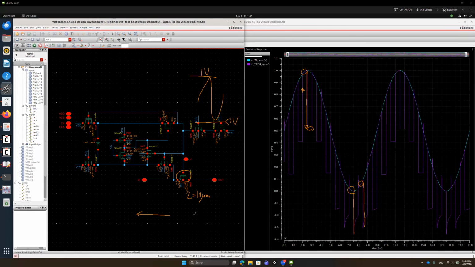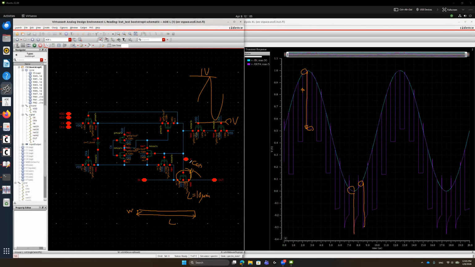Okay, so this is the length, and this is the width. Because we only increase the length very, very long, 10 micron. Anyway, so the gate to source parasitic cap will be increased in this case. I mean, it is already increased, sorry.